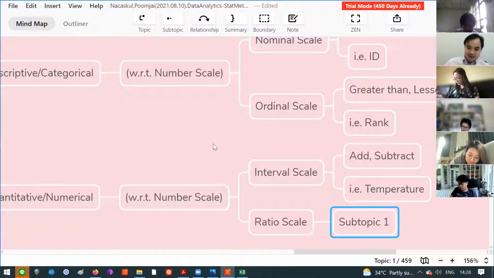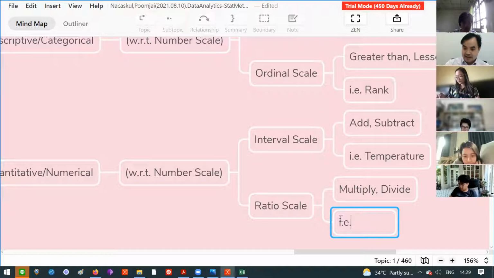So in this case, with ratio scale, you can divide. You can also multiply. Length, okay?